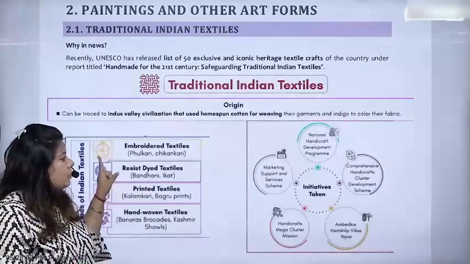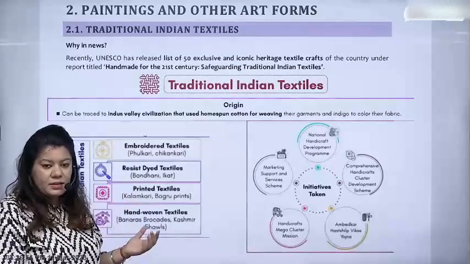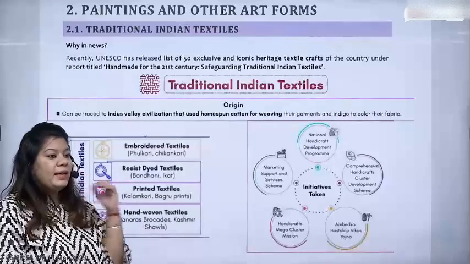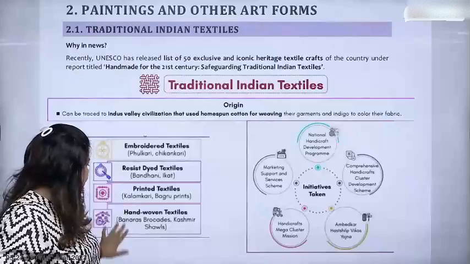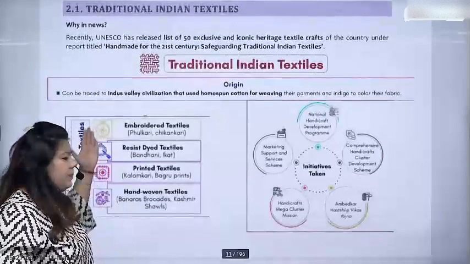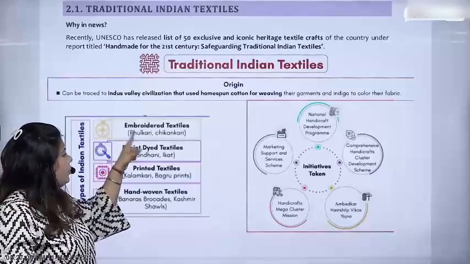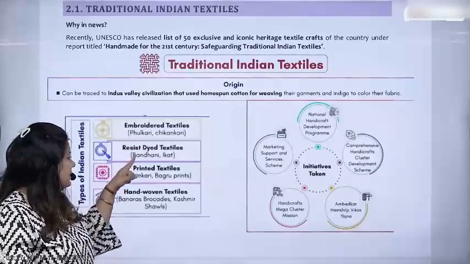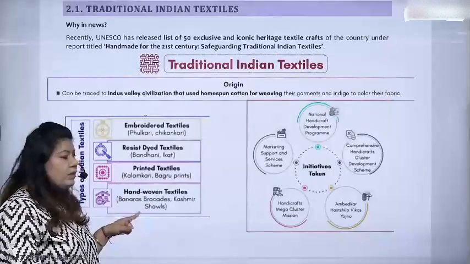Now coming to another aspect, that it's not a topic which UPSC has never asked. It has asked this topic in different form, which I will be showing you how to cover. So first of all, this report mentioned different types of textile. So there is a category called embroidered textile, resist dyed textile, dyed, printed textiles and hand woven textile.